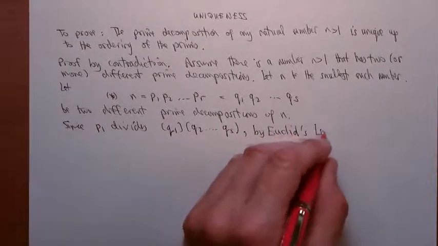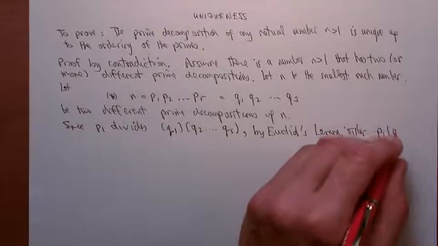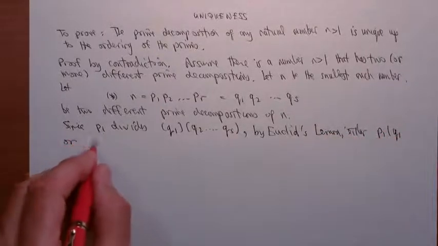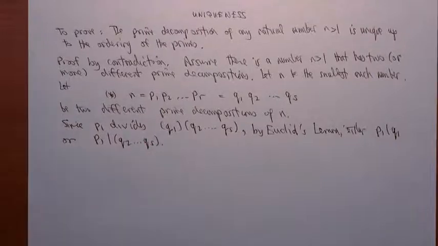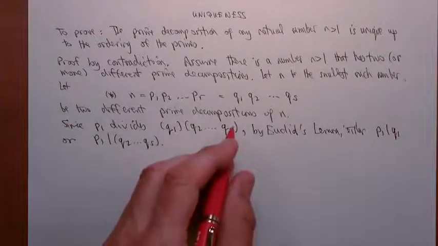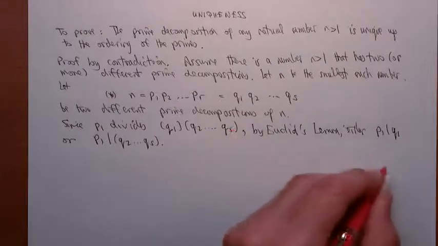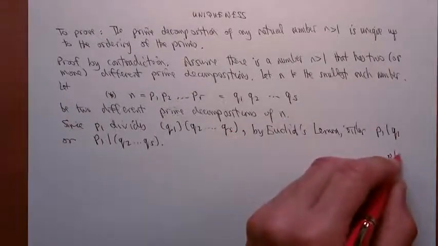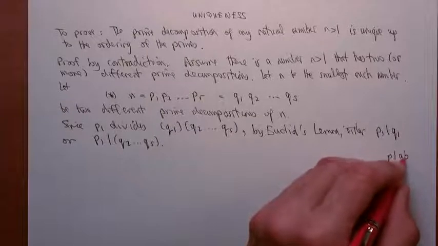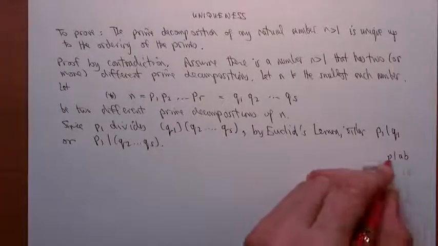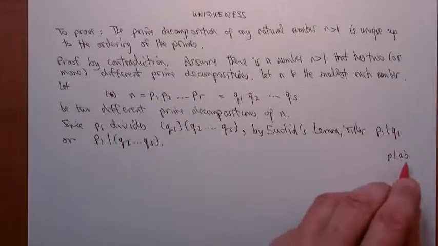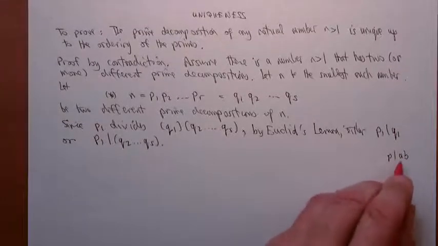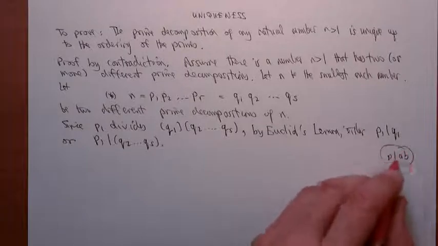So now let me continue that sentence. By Euclid's lemma, either p1 divides q1 or p1 divides the product q2 through qs. Remember, Euclid's lemma says that if I have a prime number p, and if p divides a product ab, then p divides at least one of a, b.